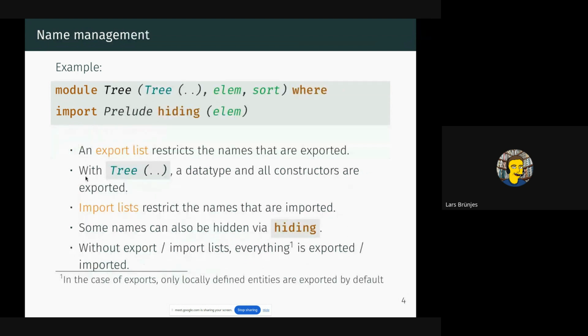And I also showed you that between the name of the module and the where can be a list of exports. If you leave that out, then all the top level definitions in your module are available. Maybe I should demonstrate that.